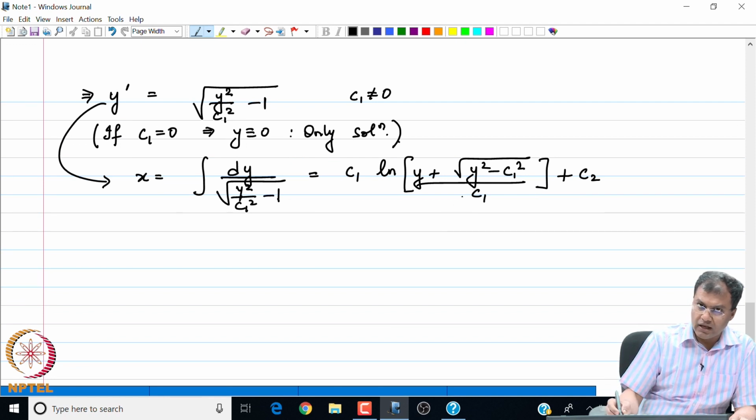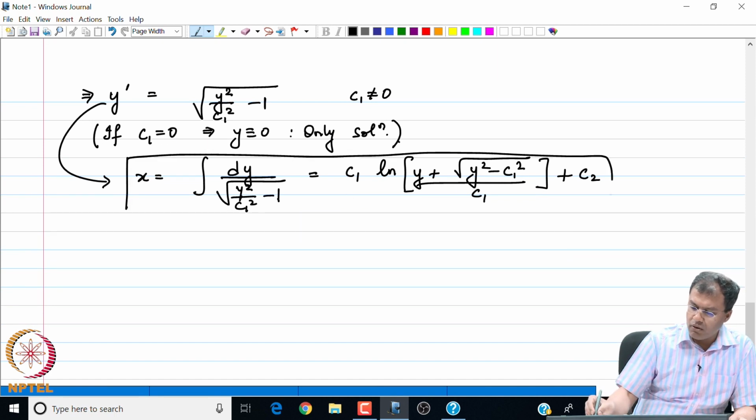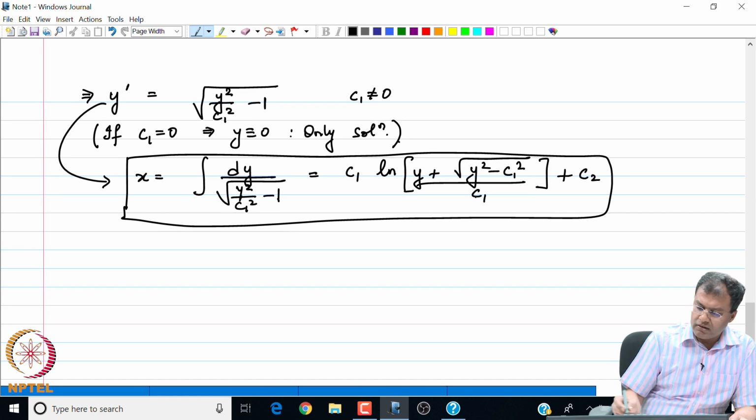The next step will involve changing this particular expression. We have already found the extremal, but the extremal is not in a form that shows the shape of the curve in the catenary. So, let me rewrite this solution in a more convenient form. Rather than using the log form, let us write it in the exponential form.